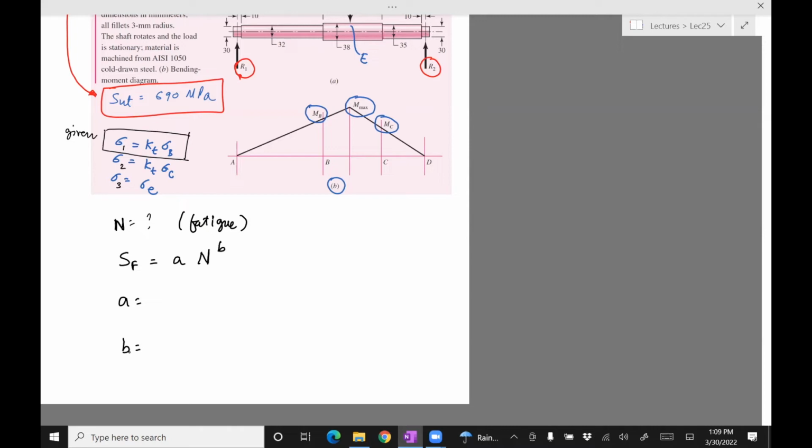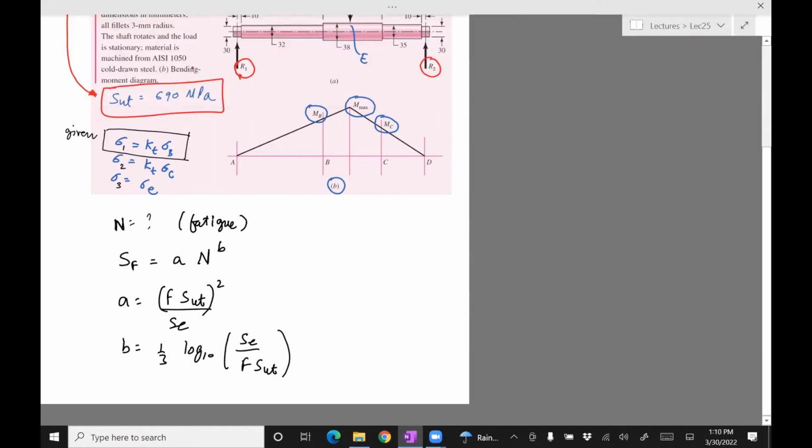The formula for A is (f S_ut)^2 divided by S_e. B is minus one third log to the base 10 of (f S_ut / S_e).